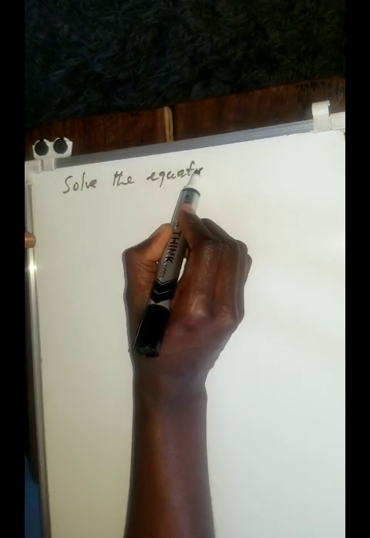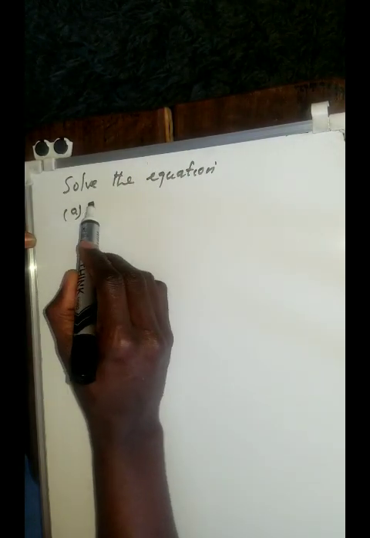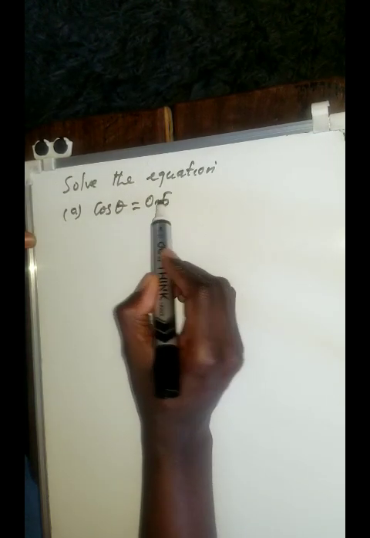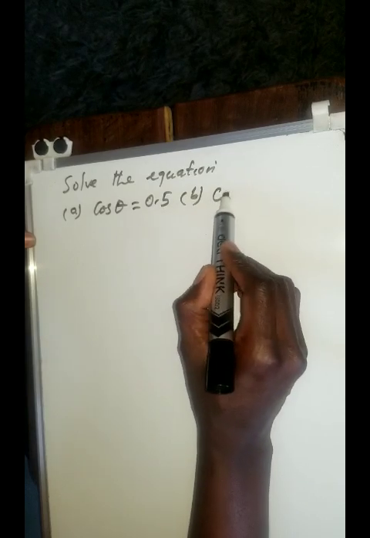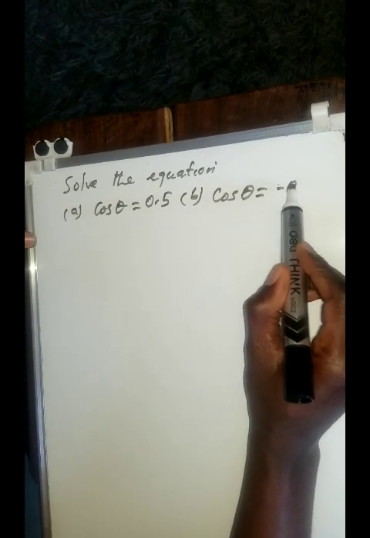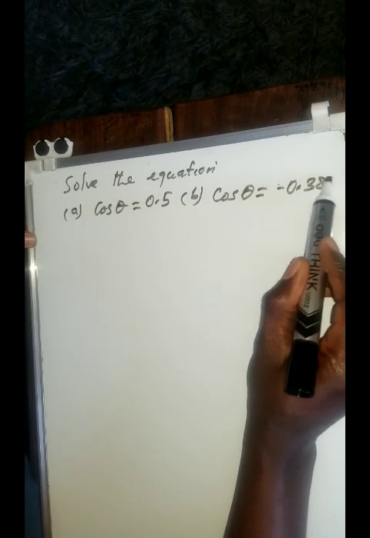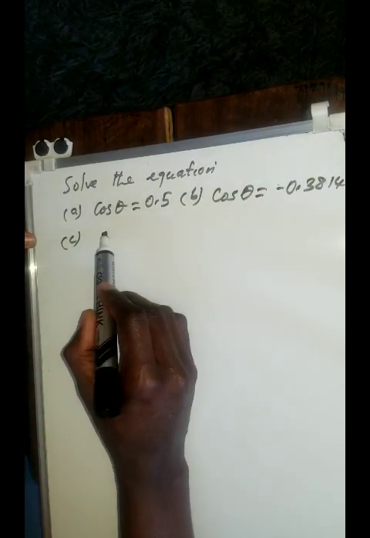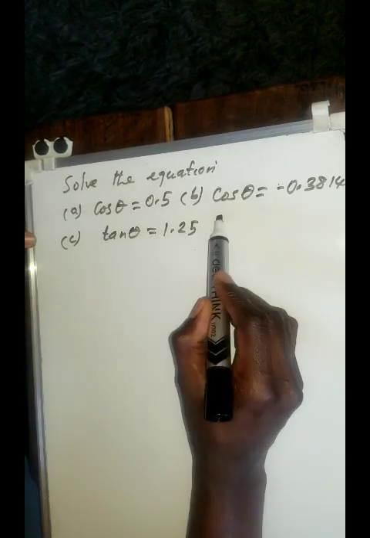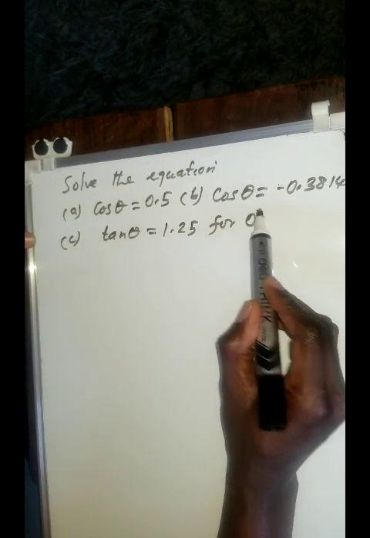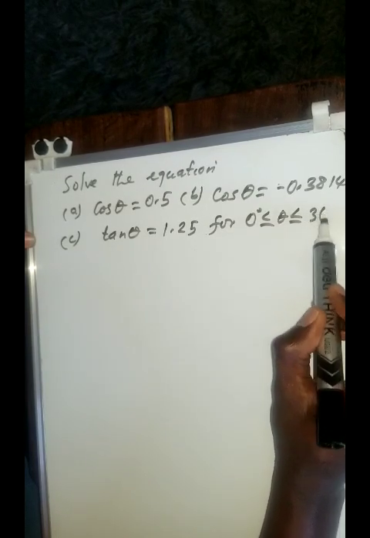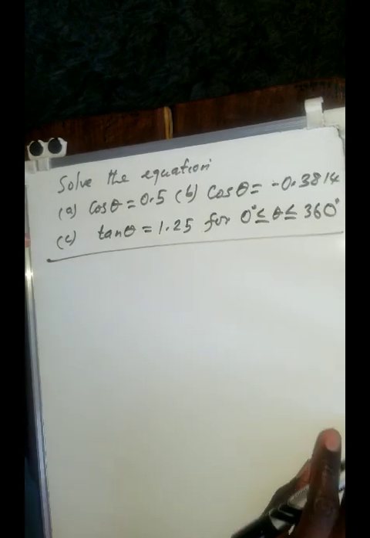So I want you to solve the equation: A, cos theta is equal to 0.5, and B, cos theta is equal to negative 0.3814, and let me say tan theta is equal to 1.25, and I give you the range 0 degrees less than or equal to theta, and theta less than or equal to 360 degrees. So how can you go about that?